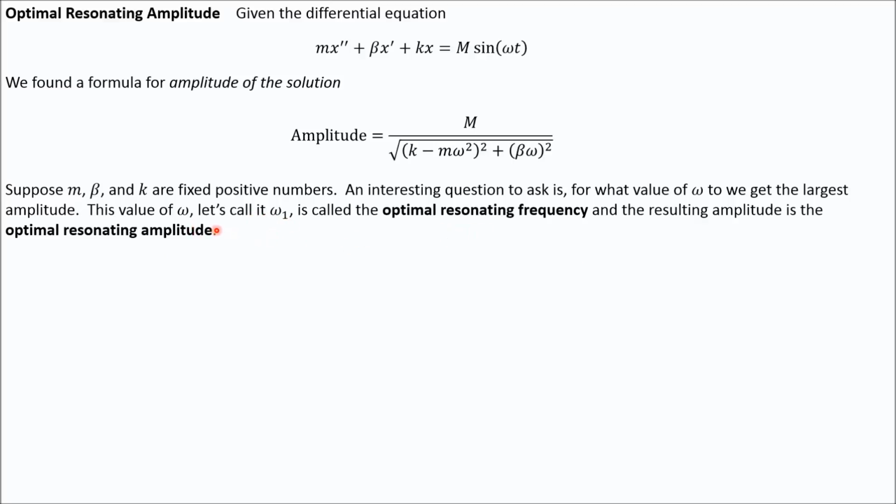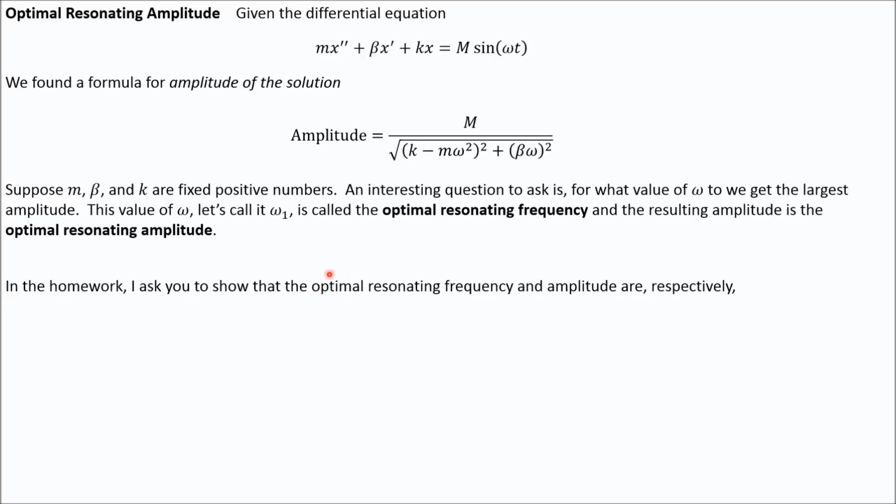So I ask you in the homework to figure out what value of omega maximizes this amplitude. That's a calculus 1 problem when you think about it, because all the other numbers are fixed, so it's really a function of one variable, omega, and I just want you to use calculus 1 to figure out what value of omega maximizes this whole expression.